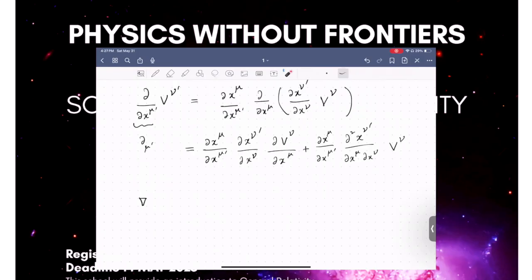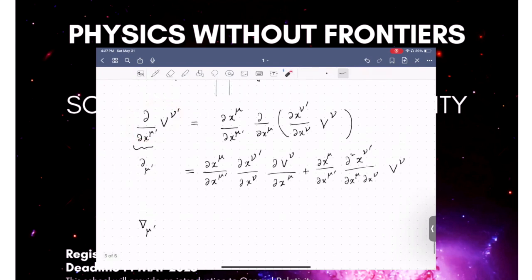And so we're modifying this notation, and we're going to write this as nabla mu prime. And on flat space, this is a (1,1) tensor. If you're on flat space and you only do linear transformations, then this will transform like a tensor, right? Because this term will vanish because your transformations are linear.